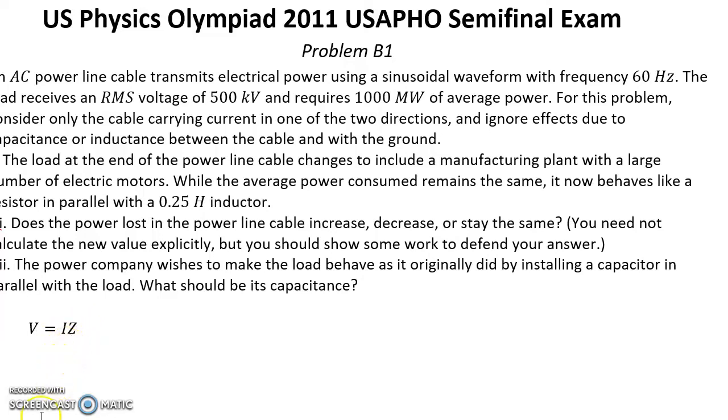And in this case, we have Z, this expression. It means that now the absolute value for Z is less than R. It means that Z decreases, I increases, current will increase. That's the answer for question 1.